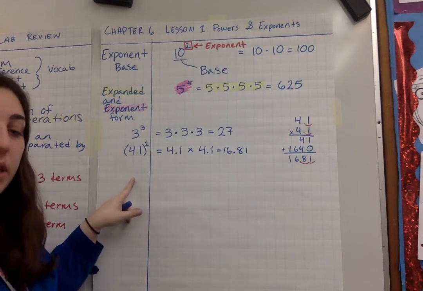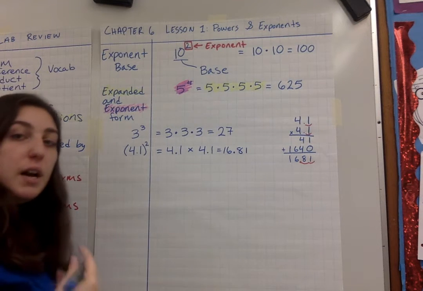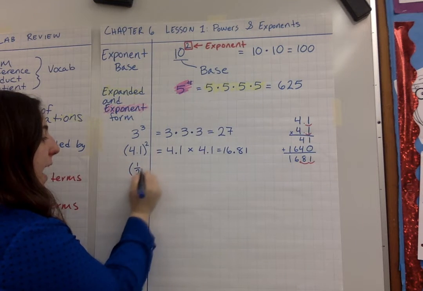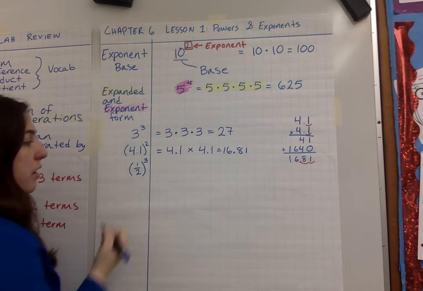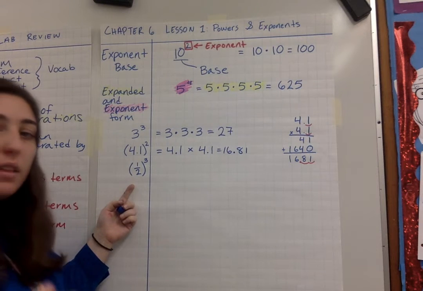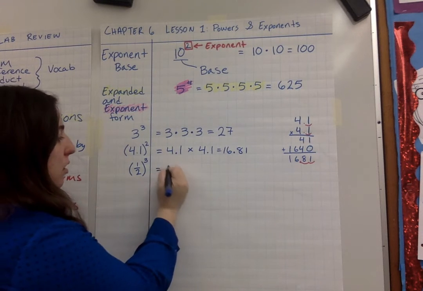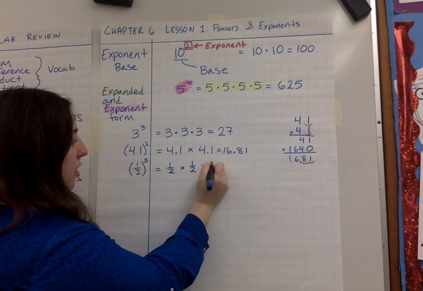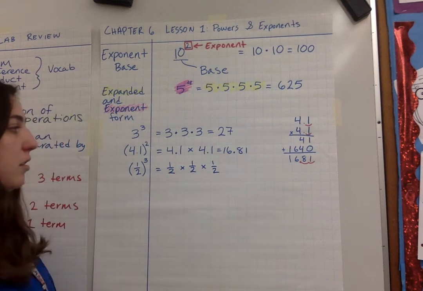All right, one more example using fractions. If we have a half to the third power, this is how it's going to look: a half times a half times a half.